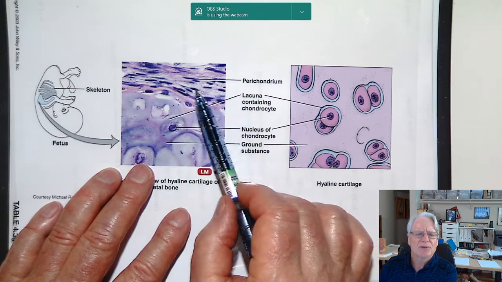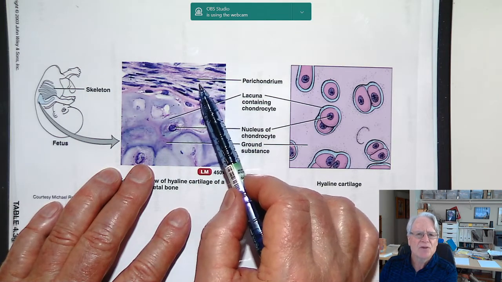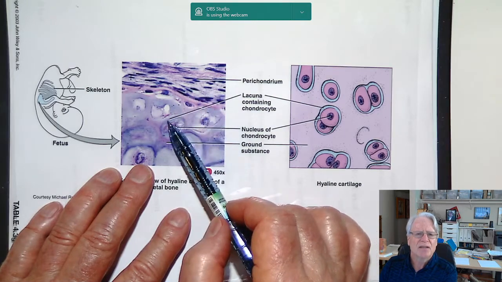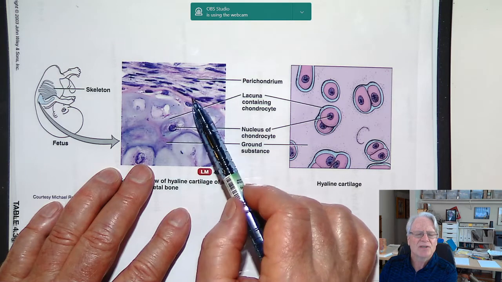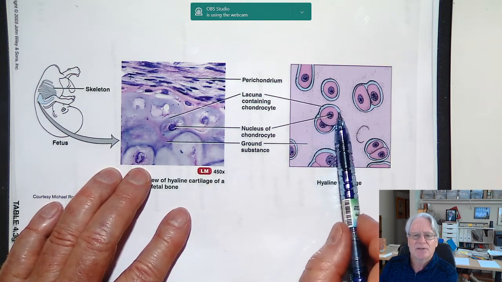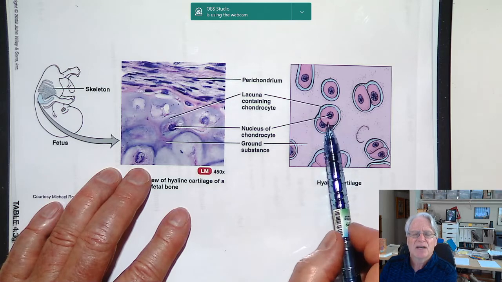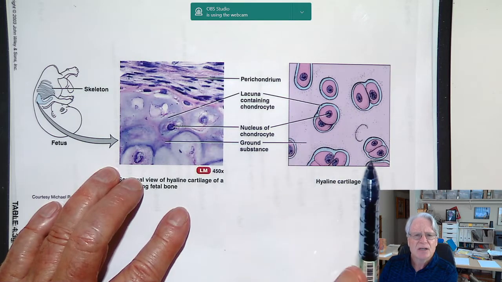All the blood vessels are out at the edge. Okay, and so diffusion is being used to get the nutrients into these cells and to get rid of waste. And that's a very slow process. So these cells are not metabolically active, I should say. And so it takes a while for cartilage to repair itself for that reason. Okay? So this is a hyaline cartilage.